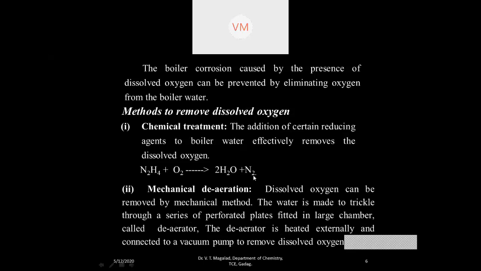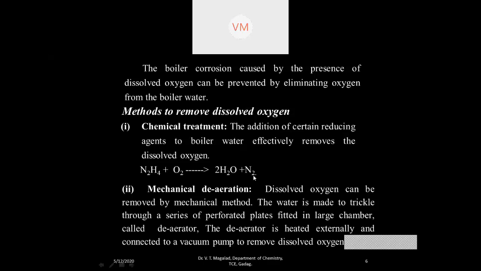Then mechanical deaeration. Okay, so mechanical deaeration, in this method water is heated and it is allowed to trickle down, fall from top to bottom, through a perforated plate. Perforated means through small holes, through a plate containing small holes.